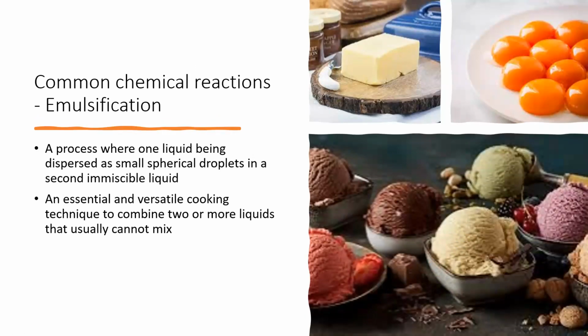It is an essential and versatile cooking technique to combine two or more liquids that usually cannot mix without an emulsifier. In the pictures here, for example, the butter and the egg yolk are both main parts that could be used as emulsifiers. And common things in our daily life, such as ice cream, need an emulsifier in the recipe to have the final product made.